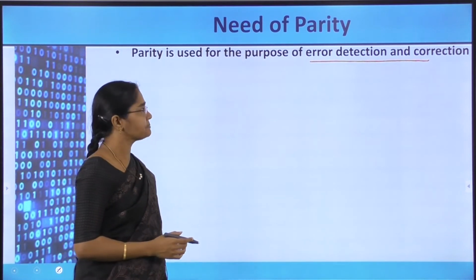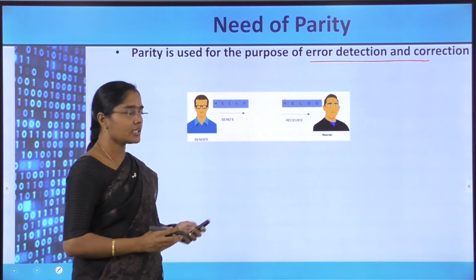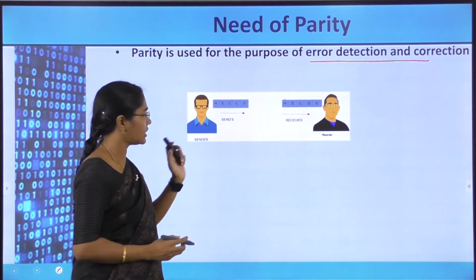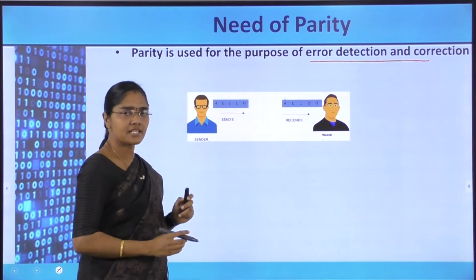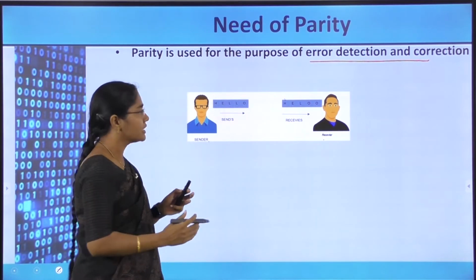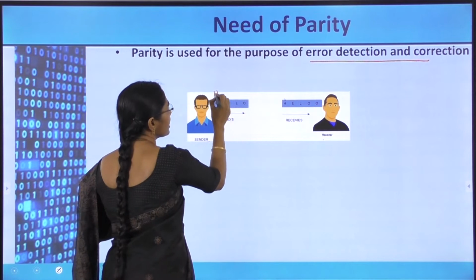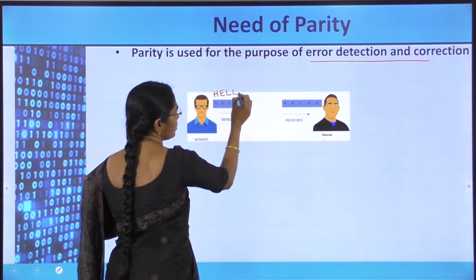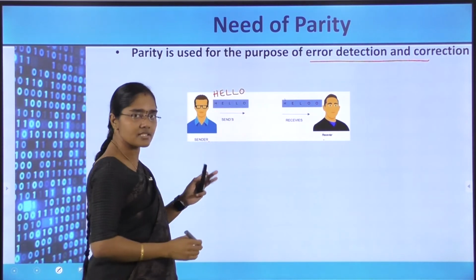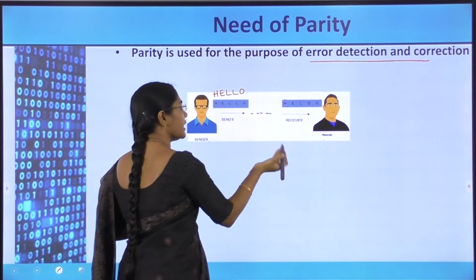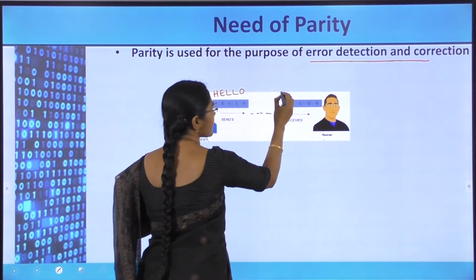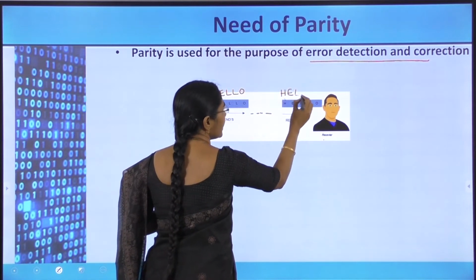Let's see now. Here in this figure, one sender is there and one receiver is there. Sender sends some information. That information is simply hello. He sent a message as hello. That is transmitted through the channel and received at the receiver as HELO.